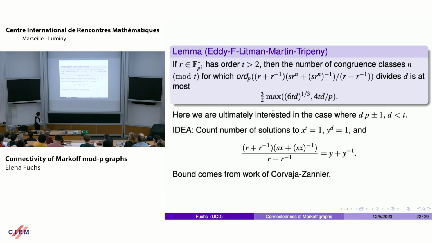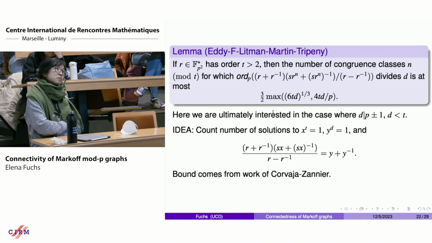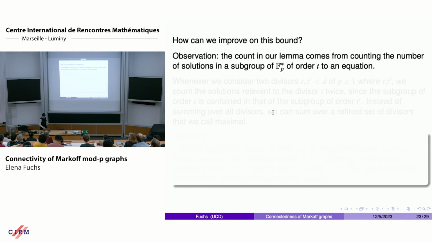We had this equation here, and we were looking at these solutions where these y's had to be in a subgroup of order d. Now remember we have this d less than, then we have a sum over all divisors of p plus or minus 1. What if you look at two divisors in that sum which divide each other?